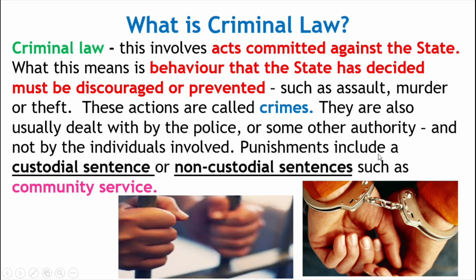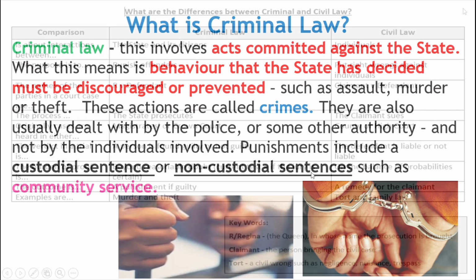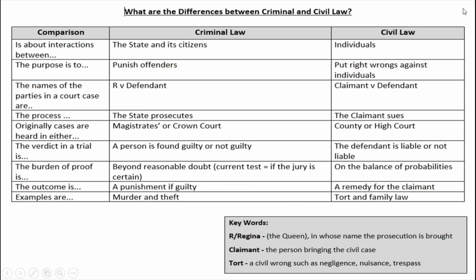Punishments include a custodial sentence, which means a punishment where your freedoms and your liberties are taken away from you, such as prison, or a non-custodial sentence, which covers sentences that do not take away your freedoms or your liberties, such as community service.